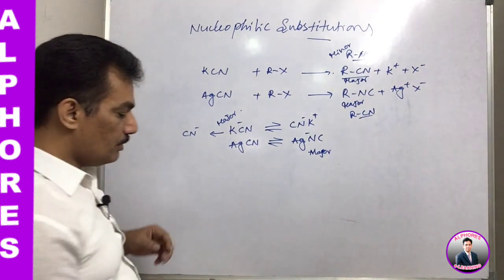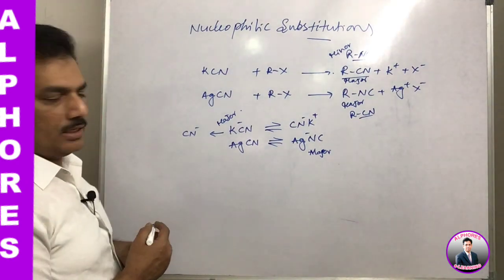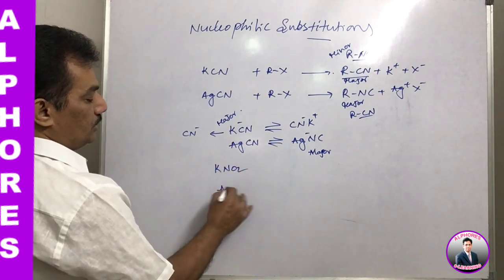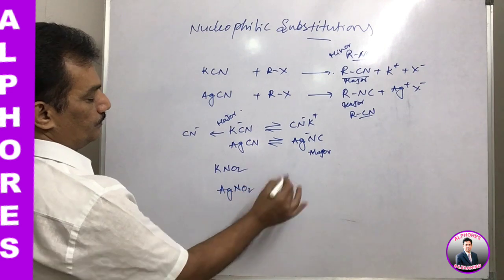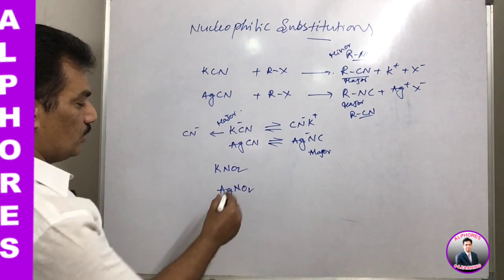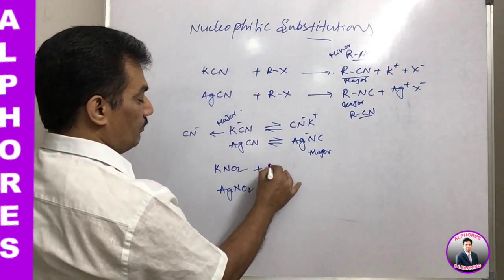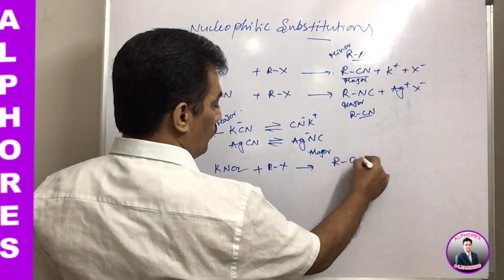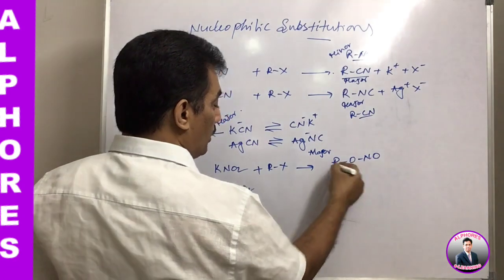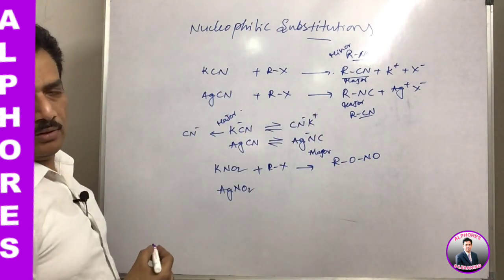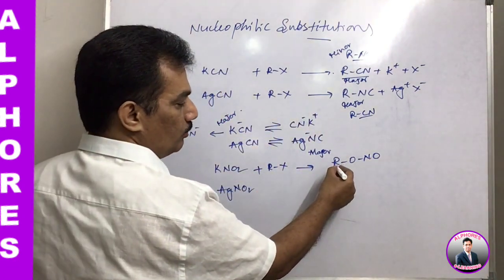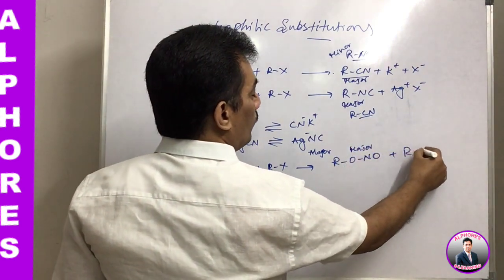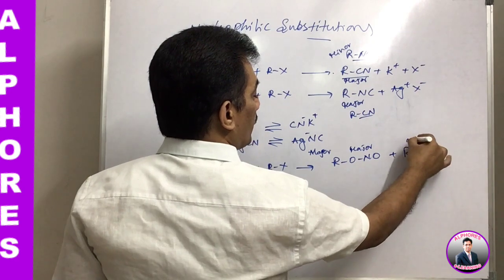And in a similar manner, two more reagents are there, that is KNO2 and AgNO2. Here also, when KNO2 reacts with RX, just you remember, it forms RONO, that is oxygen bonded to the alkyl group, as the major product, and RNO2 is the minor product.